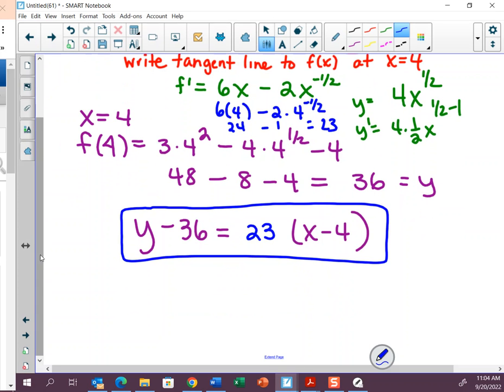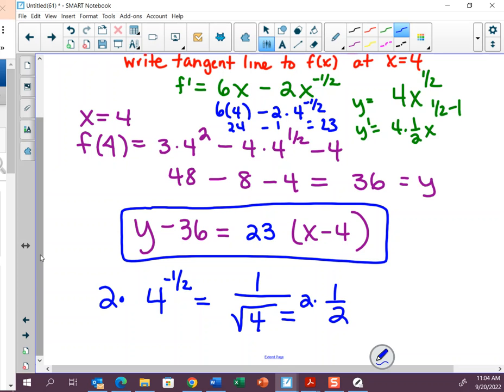Yeah, everybody went, I didn't like that. Okay, so check it again. 4 to the negative 1/2. When we did this, that part is 1 over the square root of 4, or it's a half. When I take that times 2, that turned out to be the 1 right there. Once again, it's so easy when I'm not watching you or you're at home practicing just to say, oh, I don't feel like thinking about that.